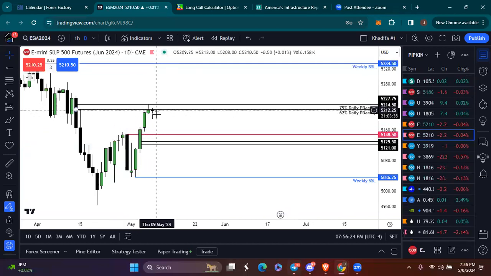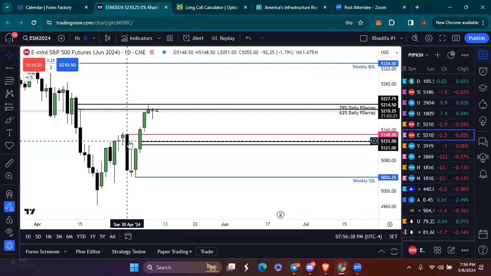We could just see price come back down to that candle's open, which is this red line that I have here, right? Because if you look at this candle's open, it's 5,148.50.